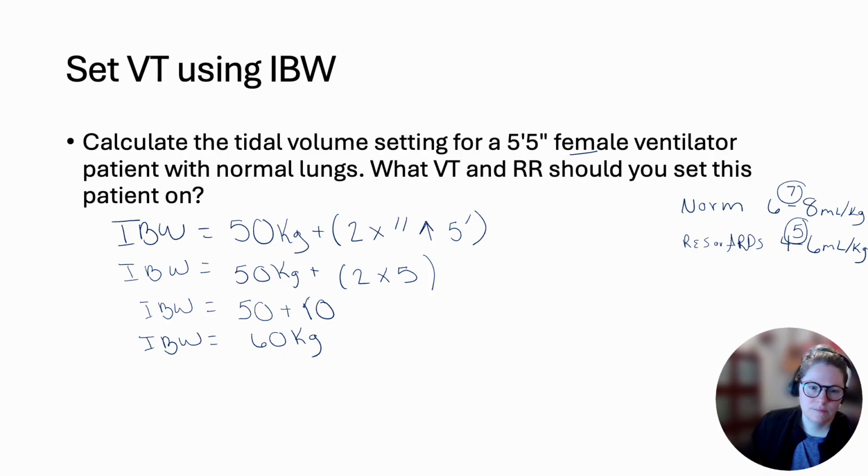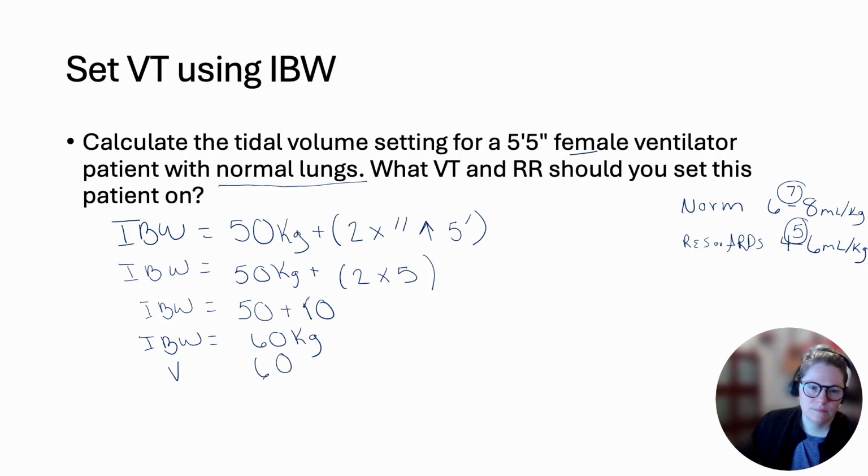So from here, we're going to take our 60 kilograms and we're going to multiply it by, let's check the lungs. This patient has normal lungs. So we're going to multiply it by my favorite number for normal lungs, and that's 7.